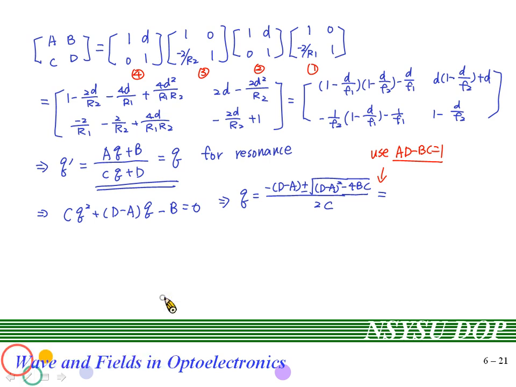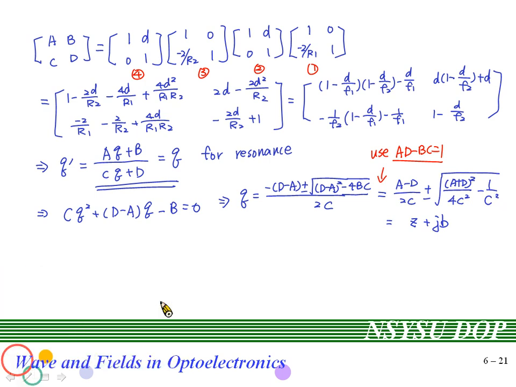The q value can be rearranged this way. Of course, q here is also defined as z plus jb. So this term is the real part of q, and this term corresponds to the imaginary part of q.